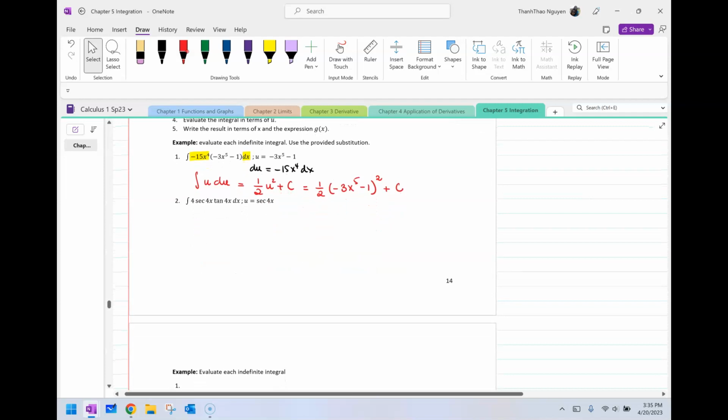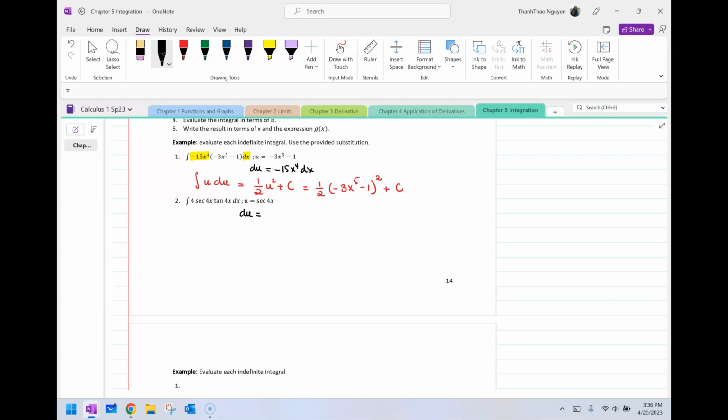In the next case, we were told that u equals secant of 4x. Okay, so du, derivative of secant, equal to secant tangent, and we have a chain rule, so 4 secant of 4x times tangent of 4x dx. Let's take a look to see whether we get this in our integral.